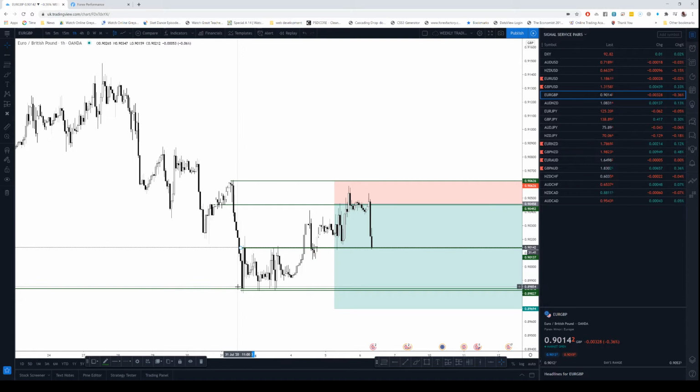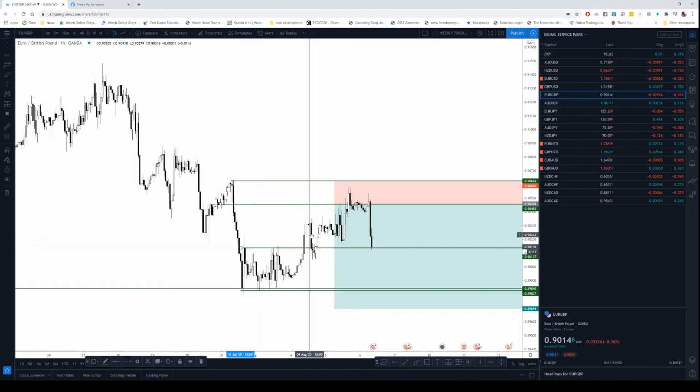So we made a low, a high, and on the 1-hour we're supposed to continue going down. That would be a continuation on the 1-hour and the 4-hour for continuation to the downside. We didn't do that, and then we made a high. So straight away, the 1-hour is bullish, but the 4-hour is still bearish.